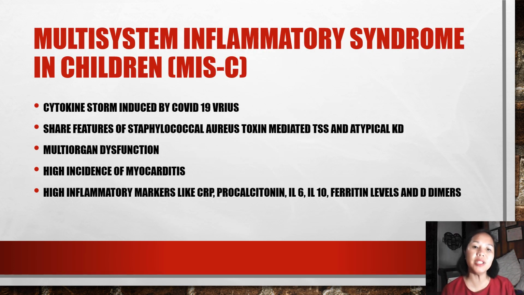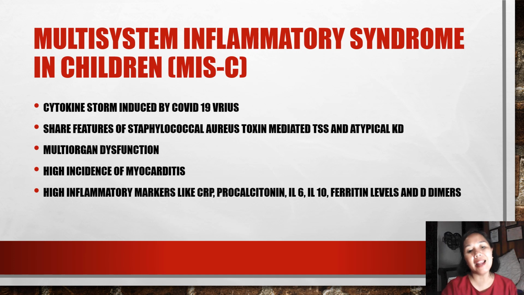Multisystem inflammatory syndrome in children, or MIS-C, is a cytokine storm induced by COVID-19 virus. It shares features of staphylococcal aureus toxin-mediated toxic shock syndrome and atypical Kawasaki disease. It is a multi-organ dysfunction and has a high incidence of myocarditis.